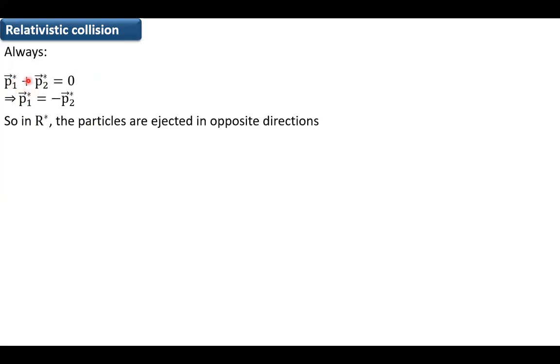So P1 star plus P2 star is always equal to 0, so P1 star should be equal to minus P2 star. In R star, the frame attached to the center of mass, you will always see particles ejected in opposite directions in order to respect the conservation of the total momentum.